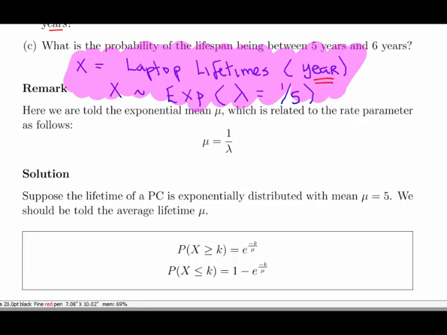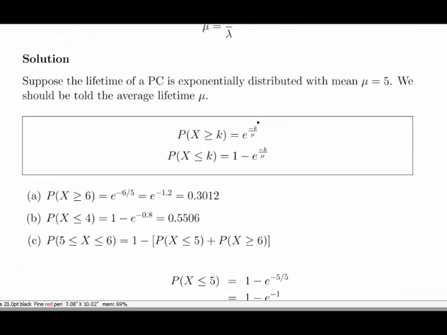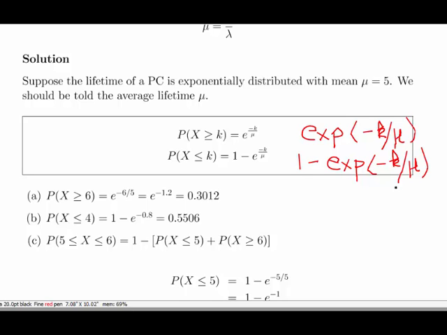Now, I'll just write that out. That's the exponential of minus k divided by mu, and that's 1 minus the exponential of that. So k is some particular value that we're interested in, and what we do is divide it by the mean.